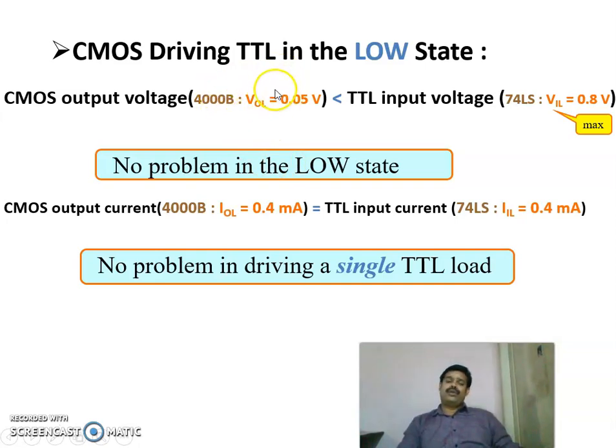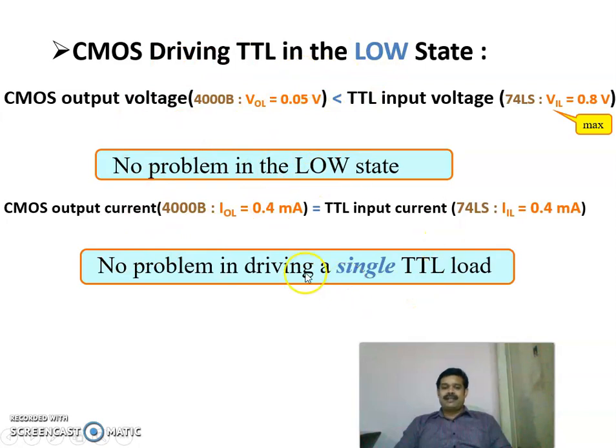Here the output voltage is 0.05 volt, and here it is 0.8 volt. Even though the CMOS output voltage is less than the TTL input voltage, there is no problem, because we only have to consider the current.